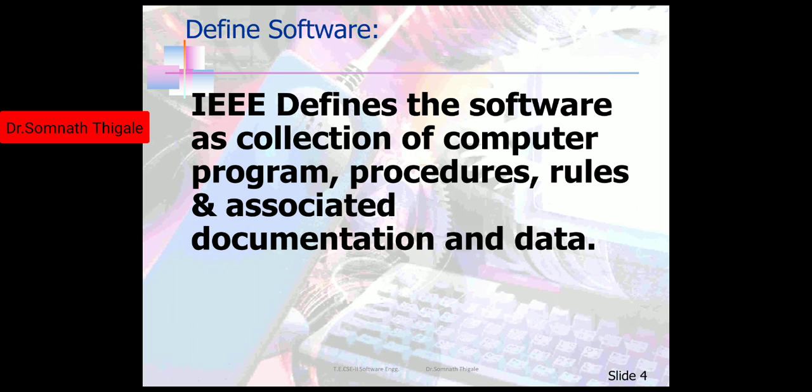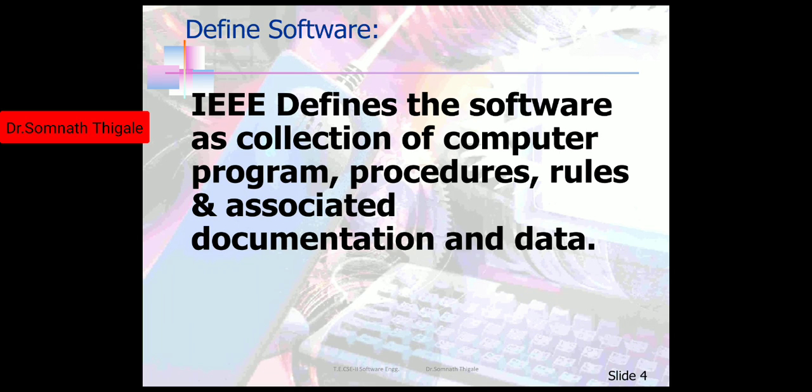Along with that, if we provide user manuals, that is documentation, the user manual plus programs combined are simply called software. I hope you are getting the definition of software. By comparing program and software, we will try to give you more basic ideas.